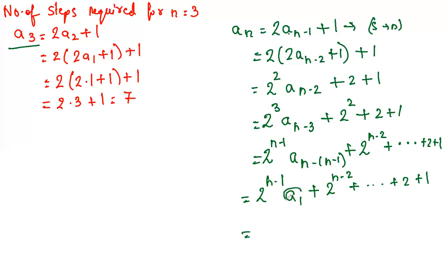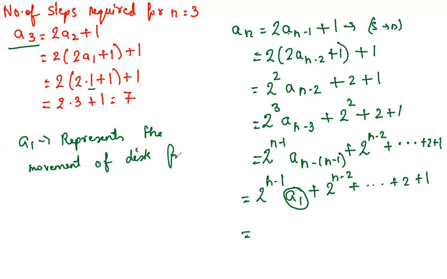What is A1? We have already seen A1 is of size 1. So what is that problem? To move from source to destination. So A1 basically represents the movement of disk from source to destination.